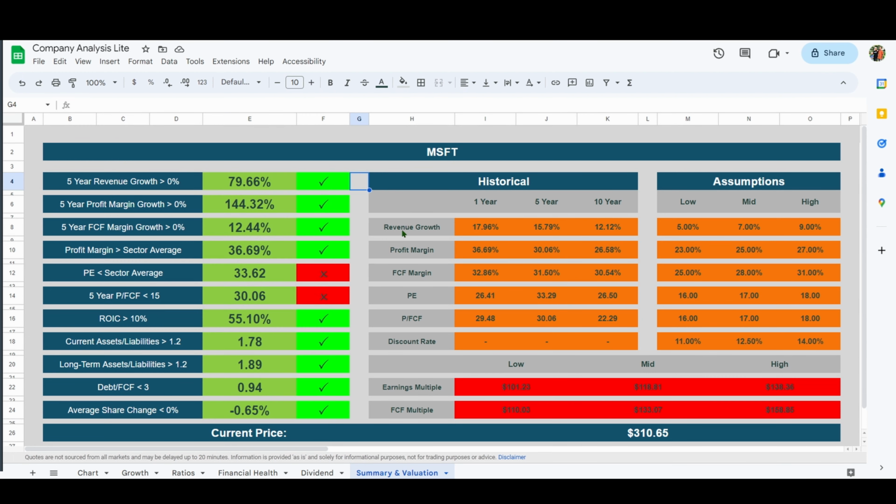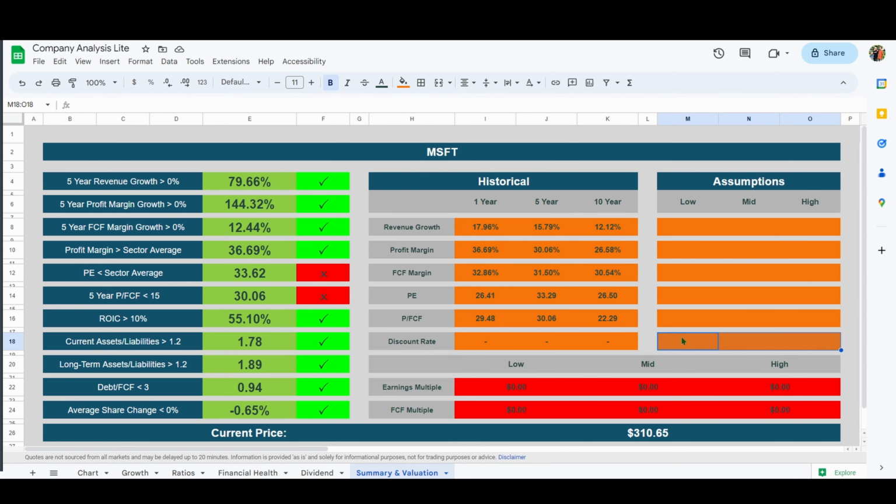Now let's move on to this part because that's a little bit more tricky. So first of all, let's delete these. Let's go through it. So first of all, here on the left side of the calculator, you can see that it gives you the revenue growth, profit margin, free cash flow margin, PE, price of free cash flow, and discount rate. So discount rate it doesn't give you.